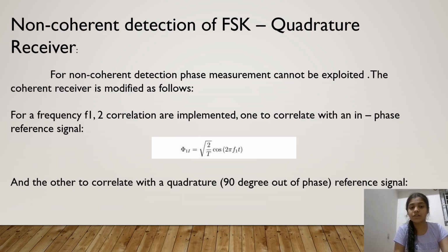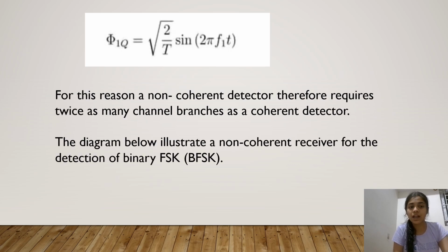We have the equation φ1 = √(2/T) cos(2π f1 t). Like that, this equation is for the in-phase, and for the out-of-phase, φ1Q = √(2/T) sin(2π f1 t).